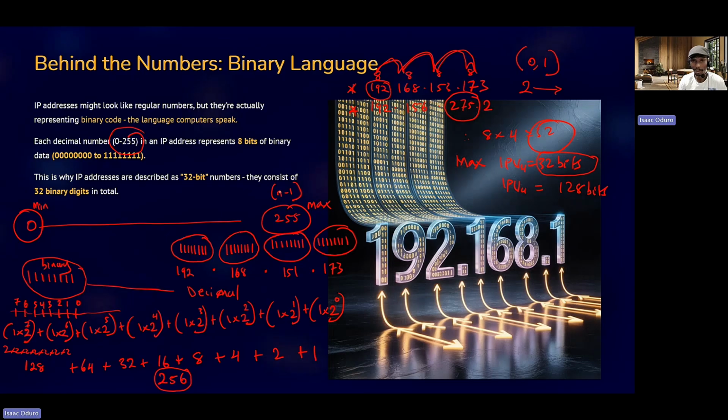So, when we add all of this from the expression here, we are going to get 256 minus 1, where n is the number of the bits that we converted to decimal. 256 minus 1 gives you 255. This is why every IP address, the maximum part, is 255.